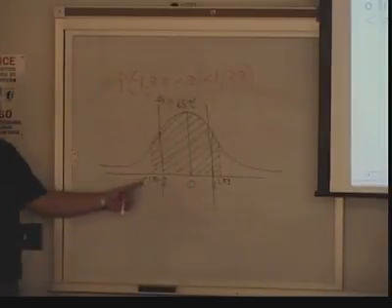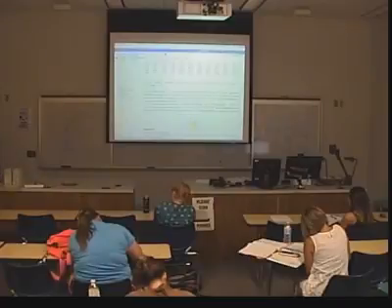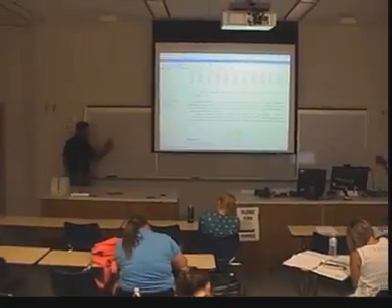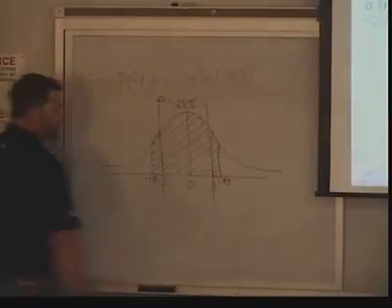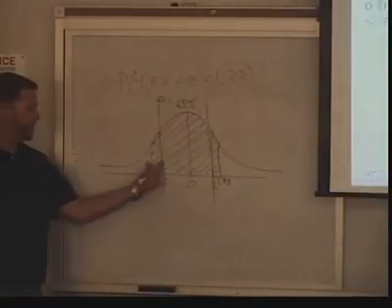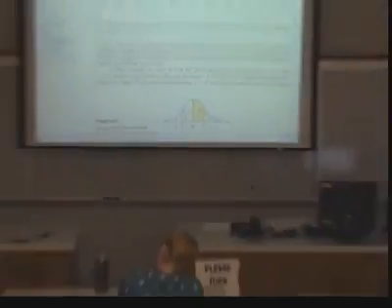So this area between negative 1.33 and 1.33 should be greater than 0.68. Does everybody see that? Because we're adding on this little piece, and then we're adding on this little piece. Now, I'm not sure exactly what the area is here, and thank goodness we don't have to do calculus for it.